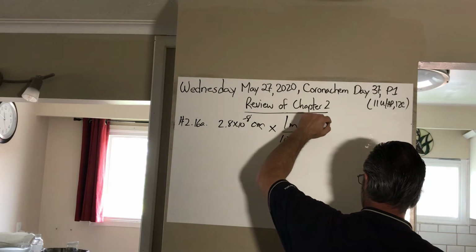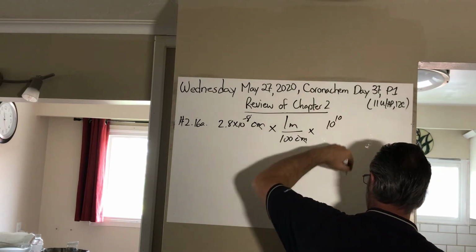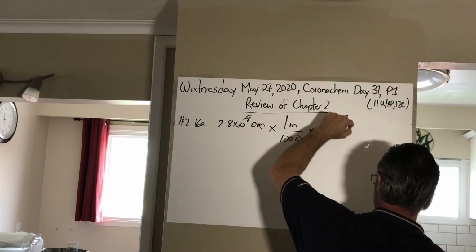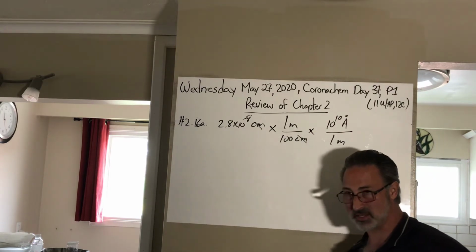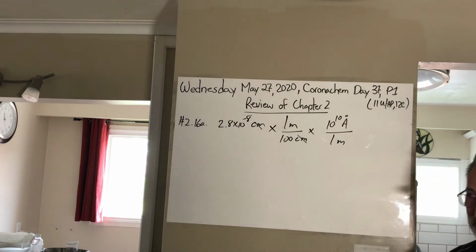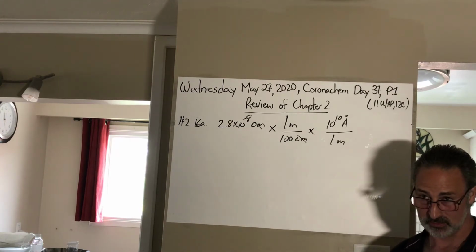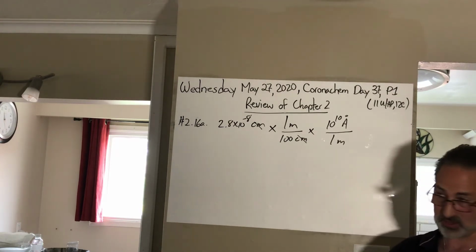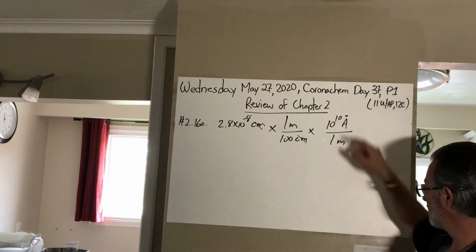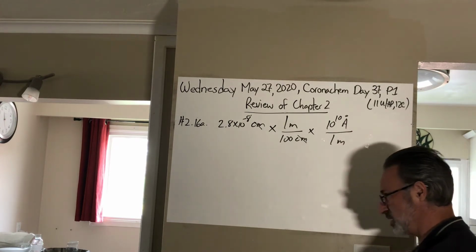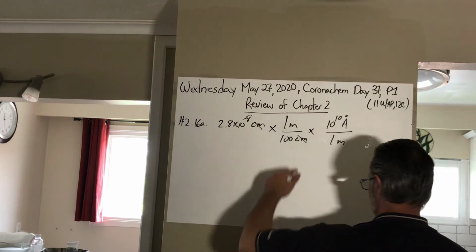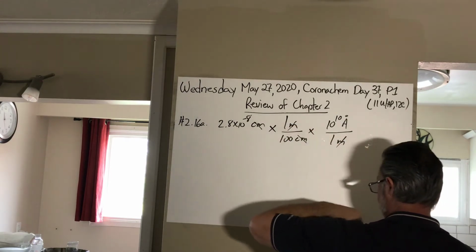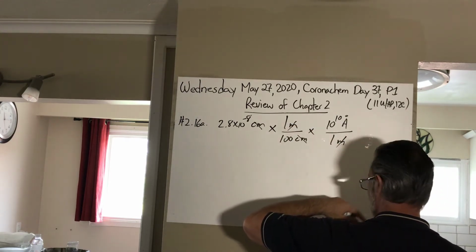And there are 10 to the power of 10 angstroms per 1 meter. So it's not an SI unit. It's basically 10 times smaller than a nanometer. So 1 nanometer equals 10 angstroms, and that symbol, I guess, originated in Germany. And that allows you to cancel meters.